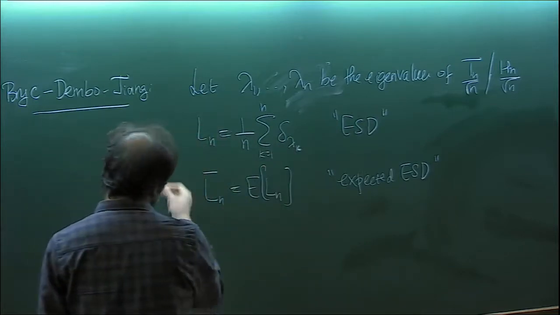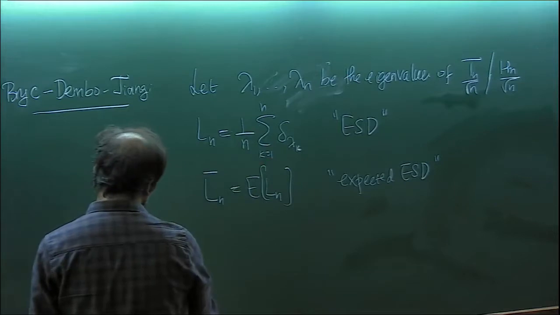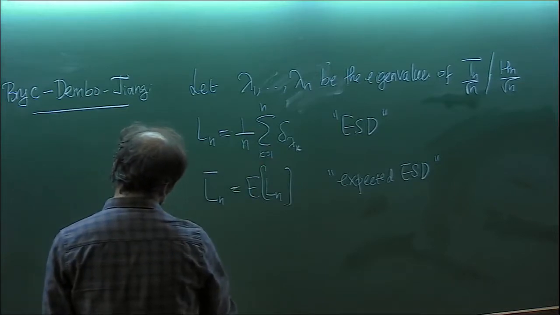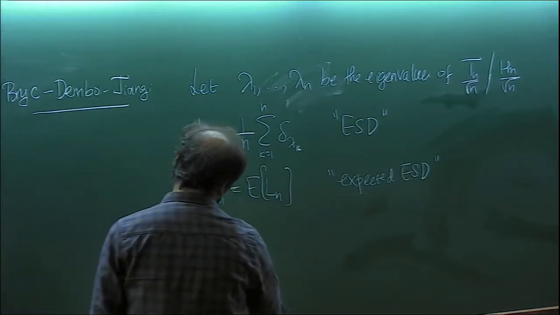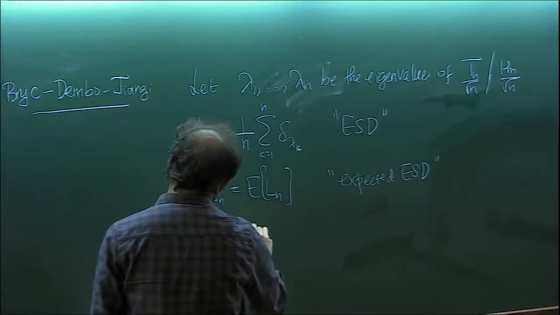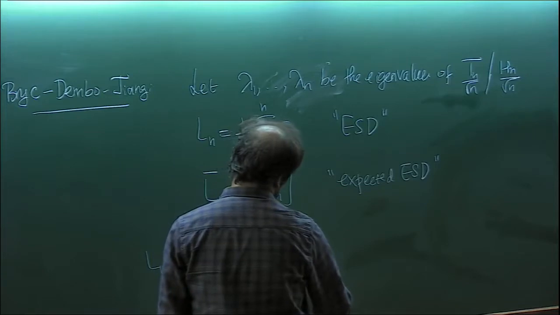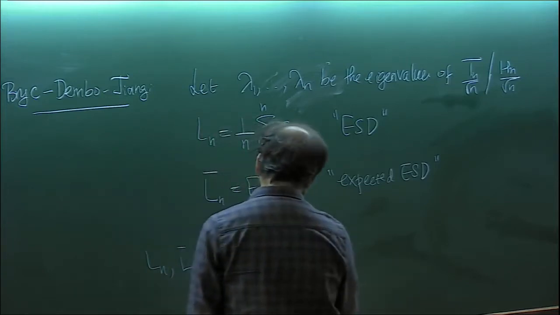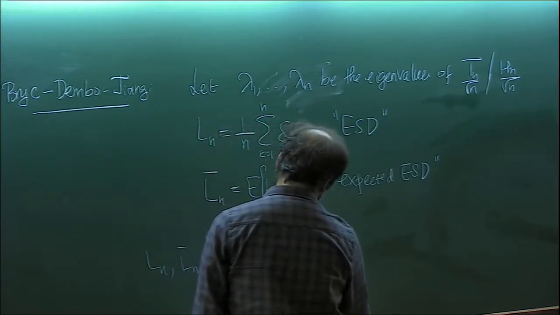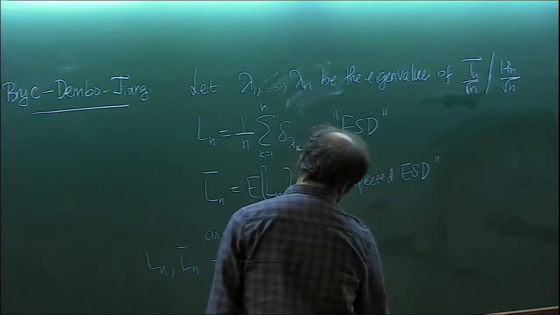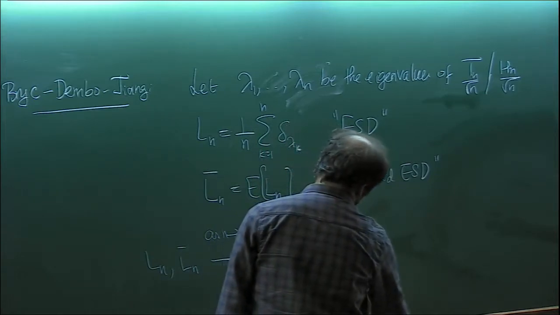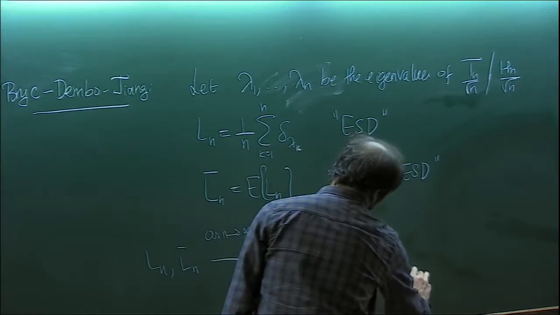What they showed was that in both cases, L_n and L_n bar, they converge as n goes to infinity to certain measures, mu_T or mu_H, let me call it. These are non-random probability measures on the real line.